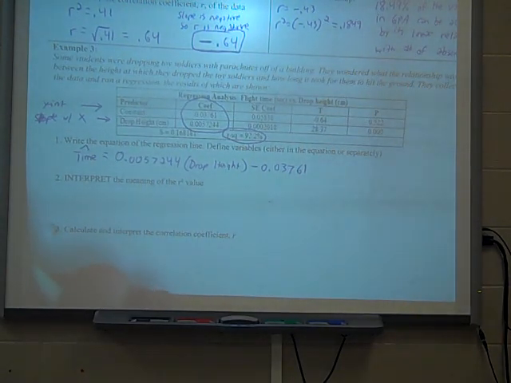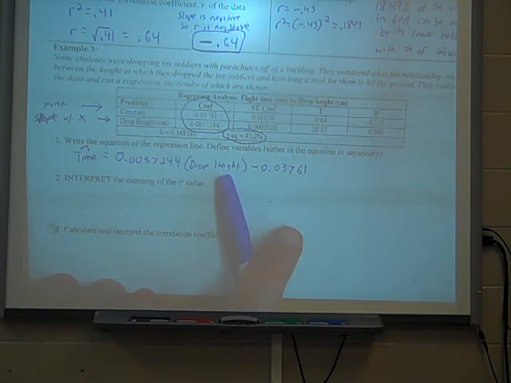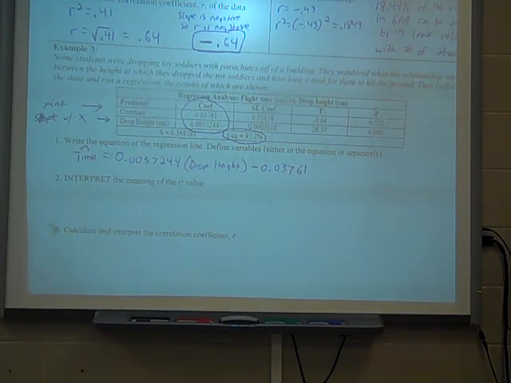Again, if you want to put y hat and x, that's fine, but you would have to say y hat equals predicted time to hit the ground and x equals drop height. You would have to write that out and say that. So again, those are your options. This is the quick one right here.